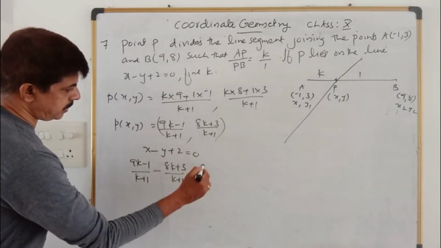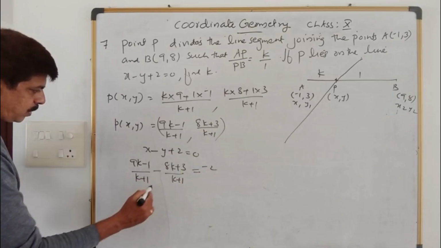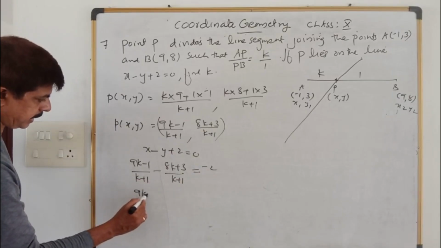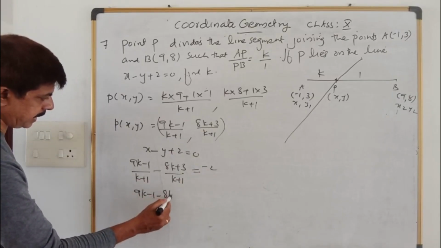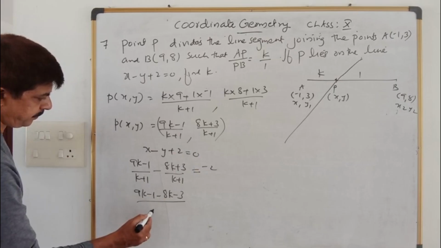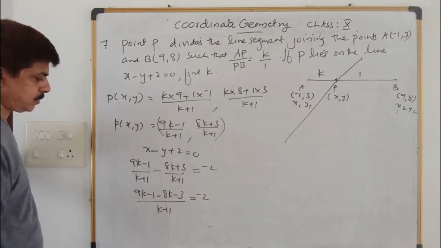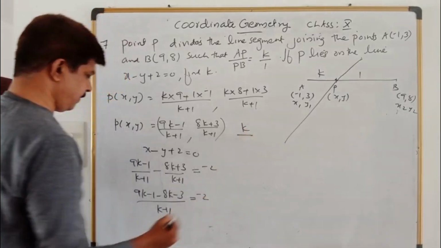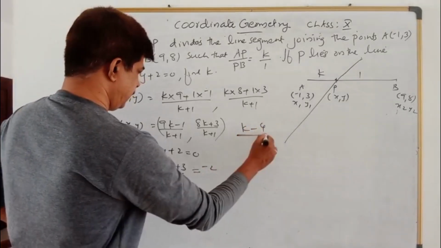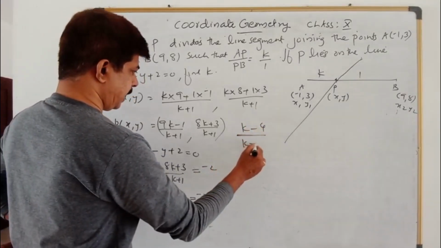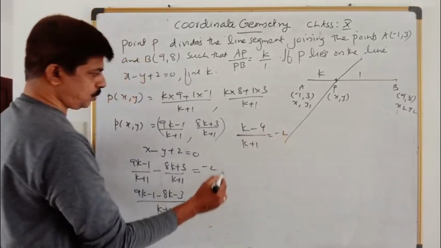I take the 2 to the other side. As they have a common denominator, (9k minus 1 minus 8k minus 3) by (k plus 1) is equal to minus 2. So we get (k minus 4) divided by (k plus 1) equal to minus 2.